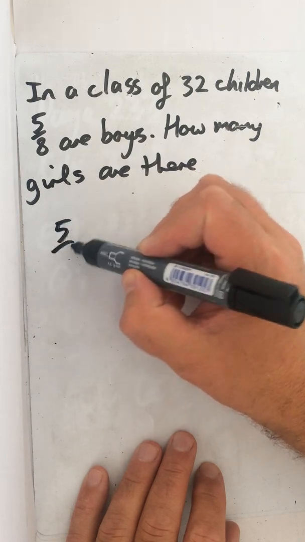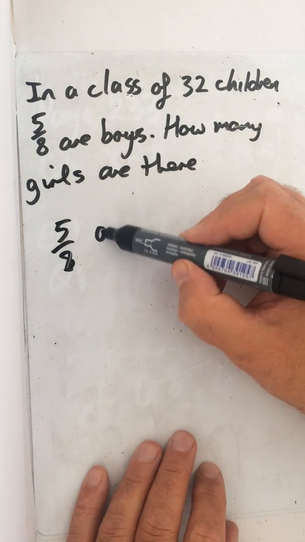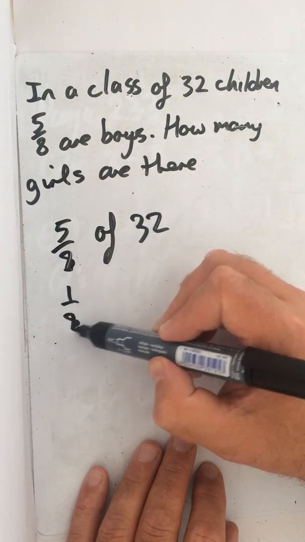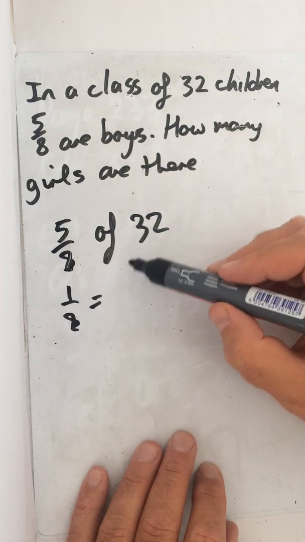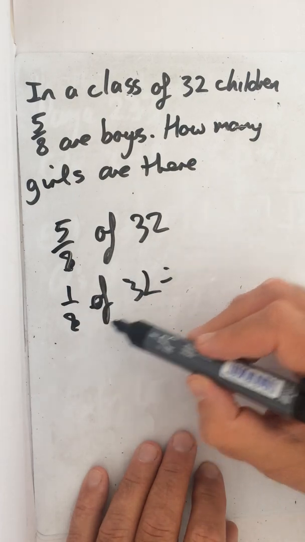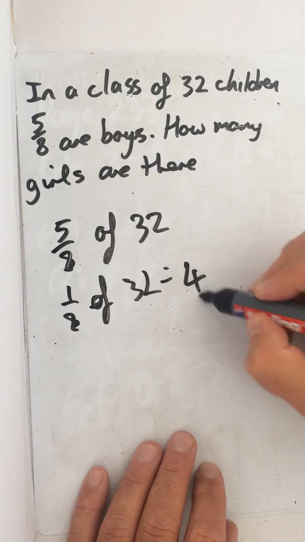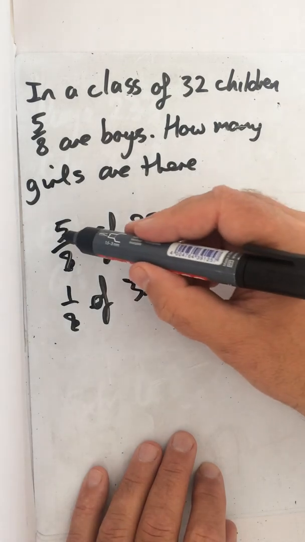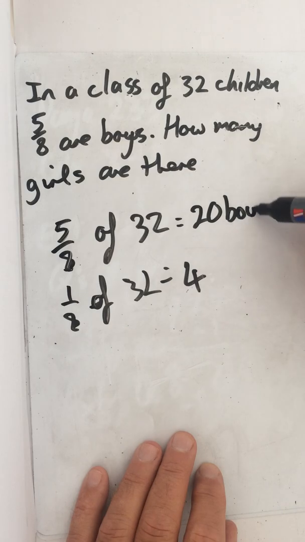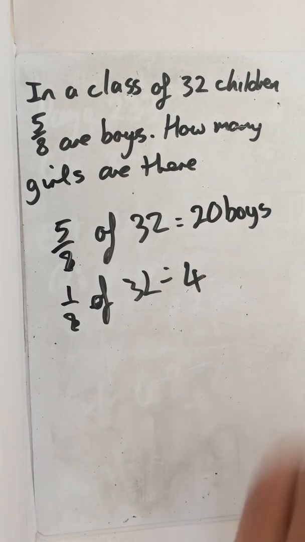So 5/8 of 32. 1/8 of 32: how many 8s? 8, 16, 24, 32, so 4. So 4 times 5, 20. So we know we've got 20 boys in the class.